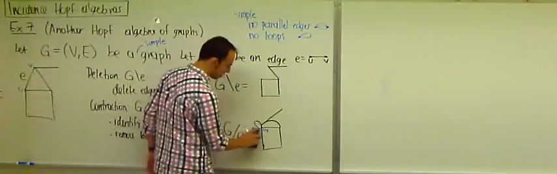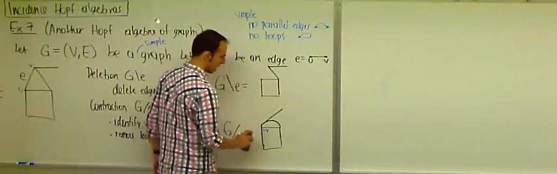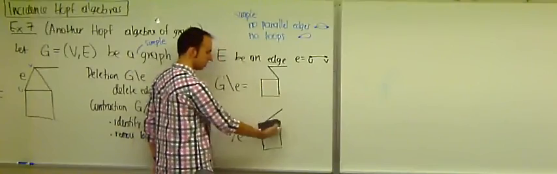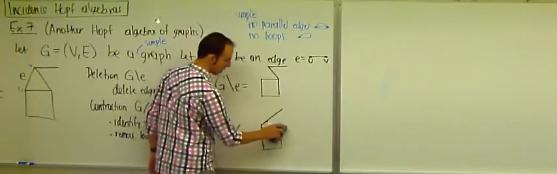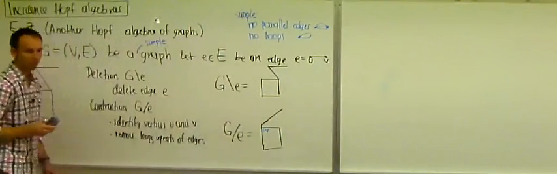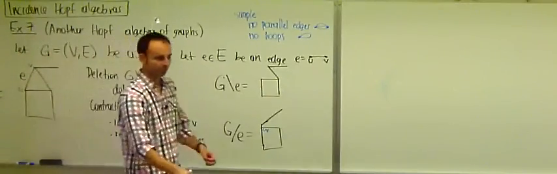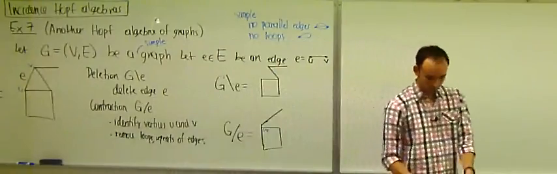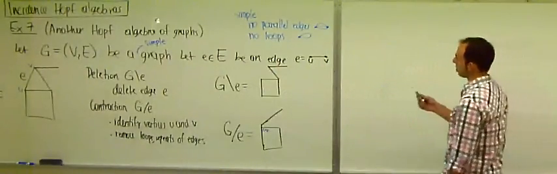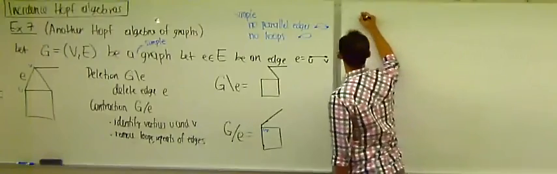So I remove this loop, and here I have two parallel edges, so I remove one of them, and I get this graph. That's going to be the contraction. Are you guys happy with what this means? So, okay, here's a bunch of easy lemmas about this.